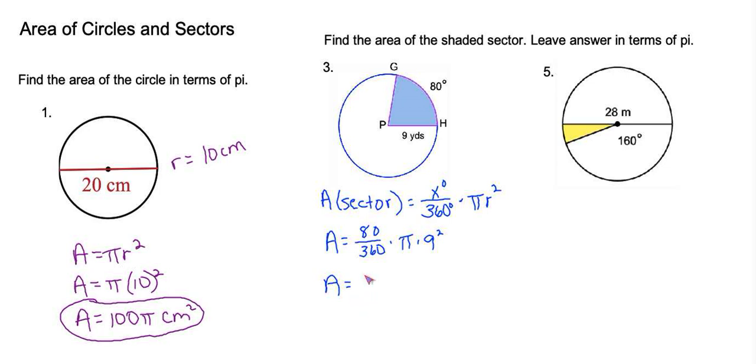Notice this, of course, divides out by a factor of 10, and 8 over 36 would reduce to 2/9. And then the area of the whole circle is 81 pi. So it's pretty easy to simplify this also. We can just say 9 goes into 81 9 times. So my final answer, in terms of pi, is going to be 18 pi square yards.